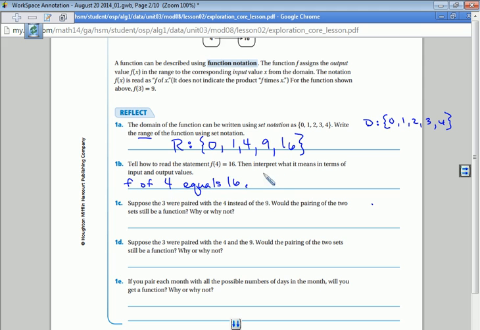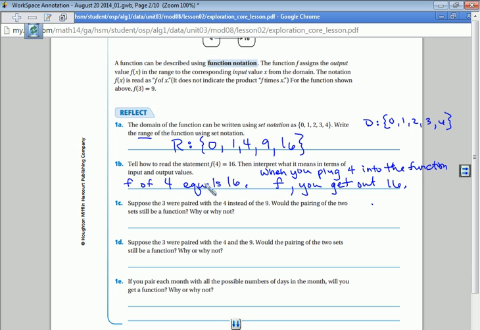So, when you plug 4 into the function f, you get out 16.